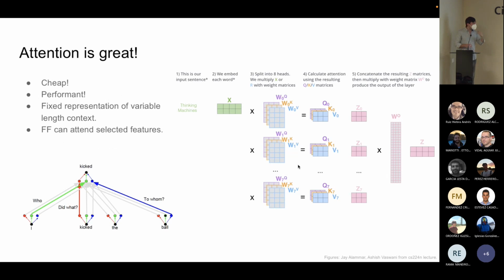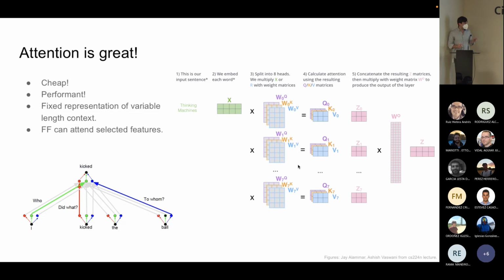And attention, at the end, was a really great idea because it was cheap; we didn't need the RNNs, sequential, very costly computation. It performs really well in translation. It works really, really well.